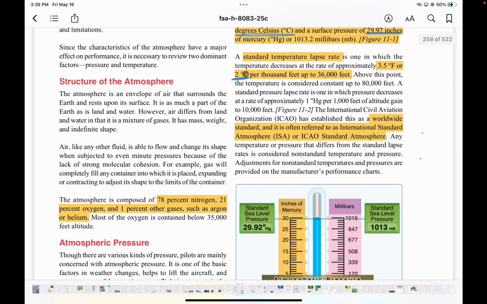But I underlined this, 2 degrees Celsius, because that is what the FAA wants you to remember. So also write that in your notes per 1,000 feet. Once you reach up to 36,000 feet, however, the temperature stops decreasing. The temperature stays constant actually up to 80,000 feet.